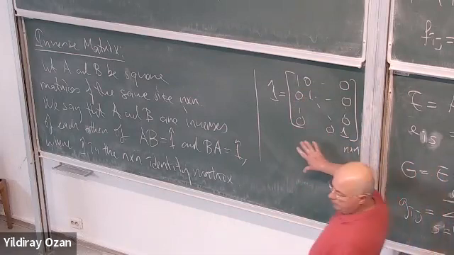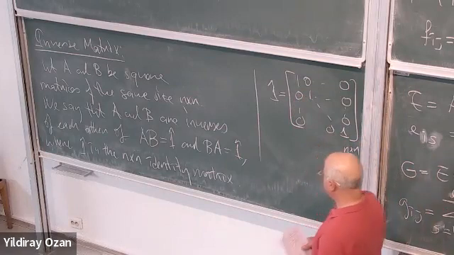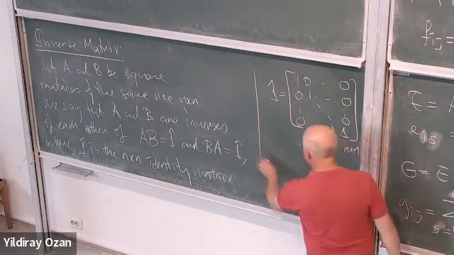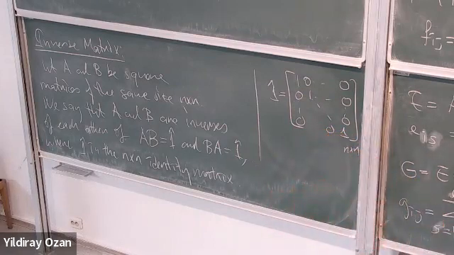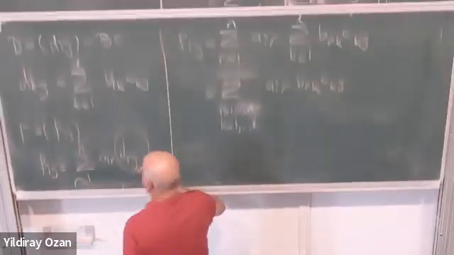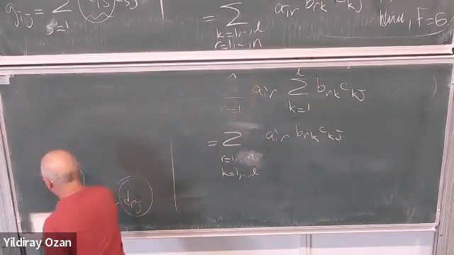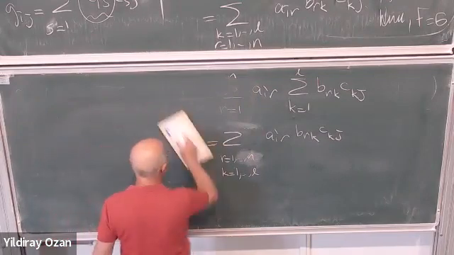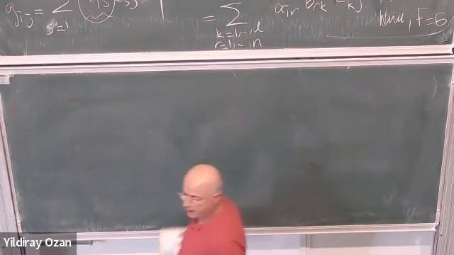Why do we call this an identity matrix? I guess you all know, but the thing is the following. It's called identity because when you multiply a matrix with the identity, you get the same matrix.